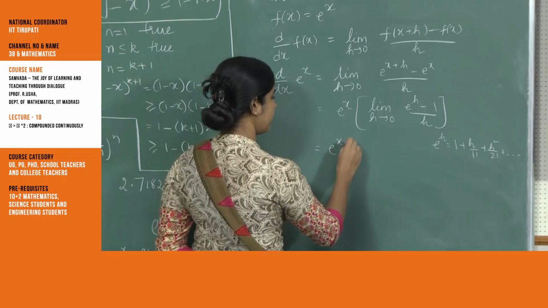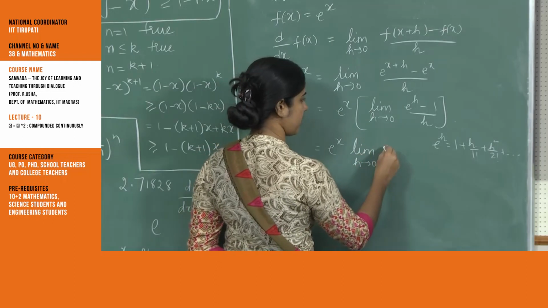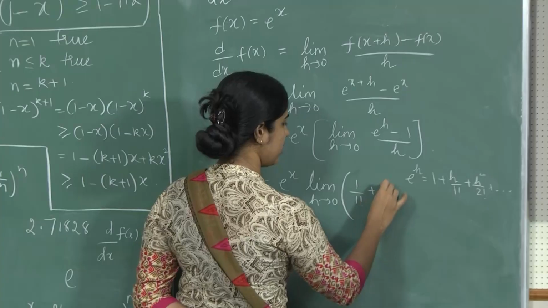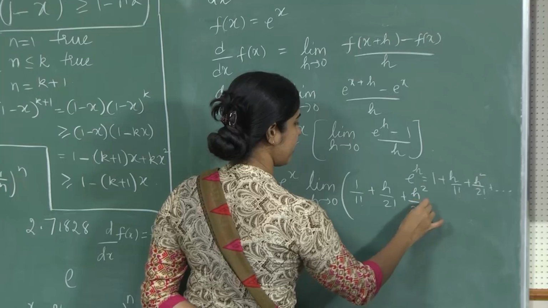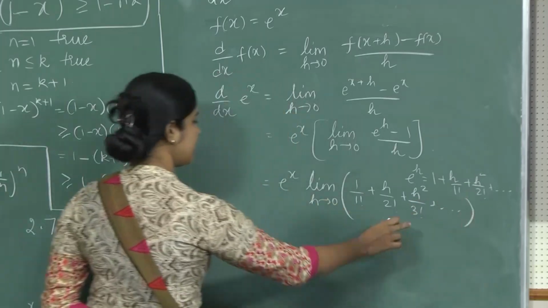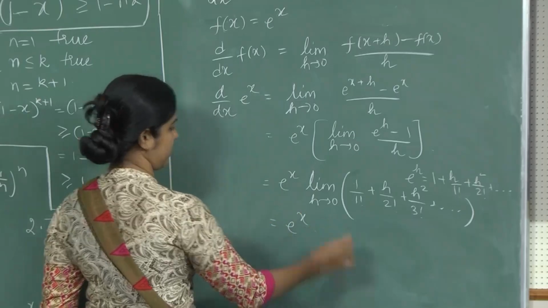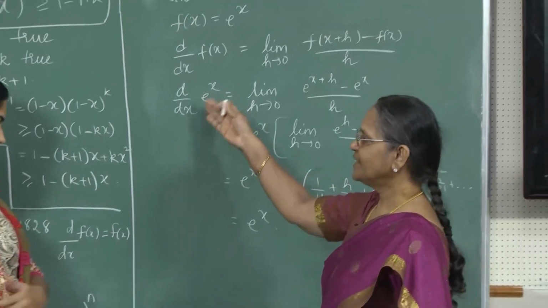So we will have e power x into the limit as h tends to 0 of 1 by 1 factorial plus h by 2 factorial plus h squared by 3 factorial plus etc. The limit of this as h tends to 0 is nothing but 1. So it is e power x. Okay, so you have a function whose derivative is itself.